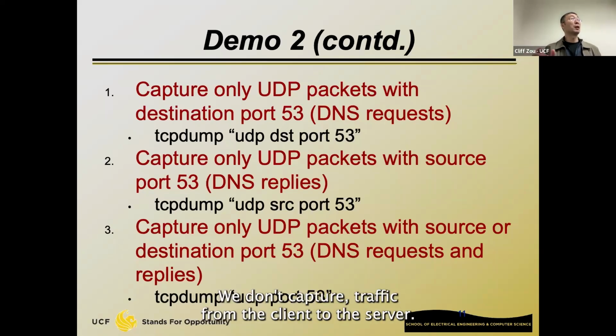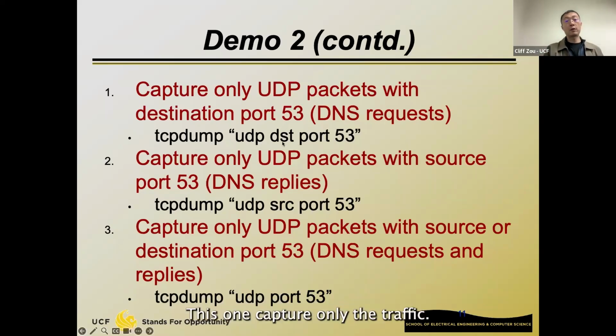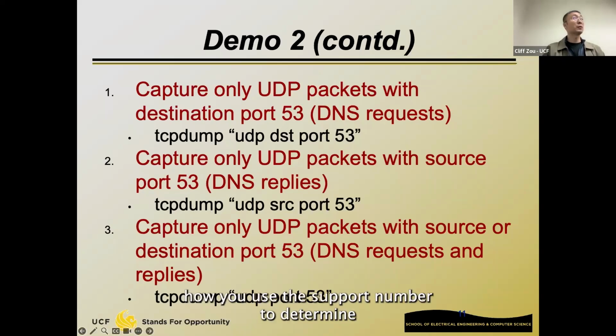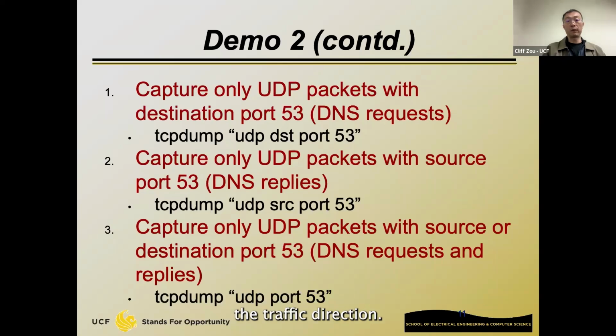We don't capture traffic from the client to the server. This one captures only the traffic going to the server. We don't capture traffic sent by those servers. So this is how you use the port number to determine the traffic direction.